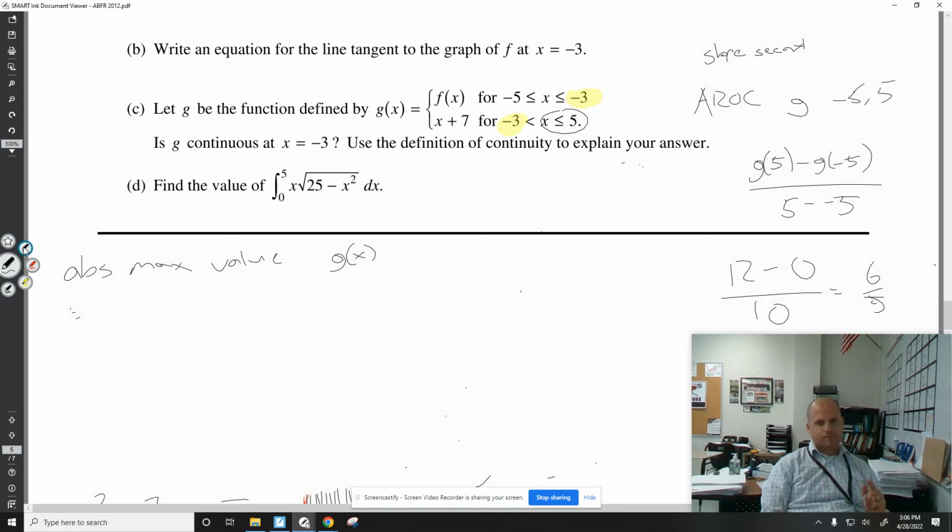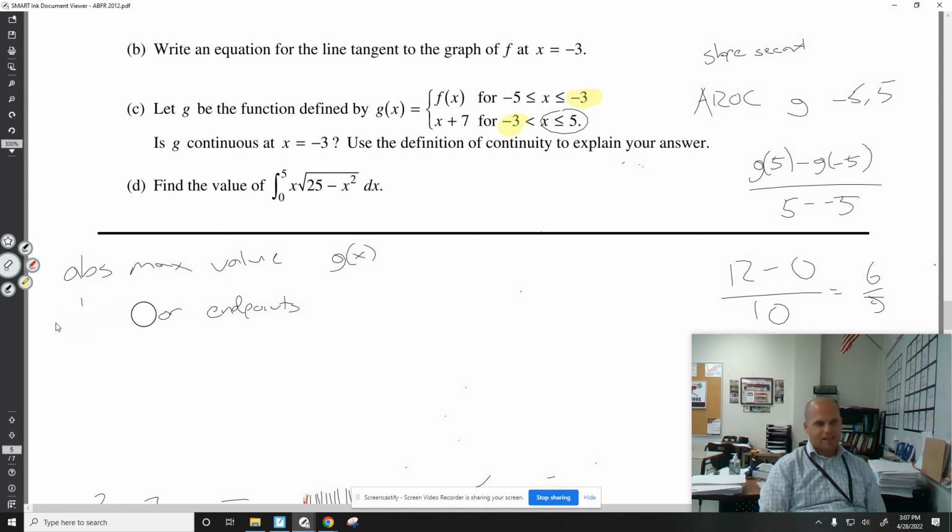Well, since this is a piecewise function, this is what you have to do. You have to look at when G prime equals 0 or your endpoints. This includes the comparison of the endpoints for F and the endpoints of G.